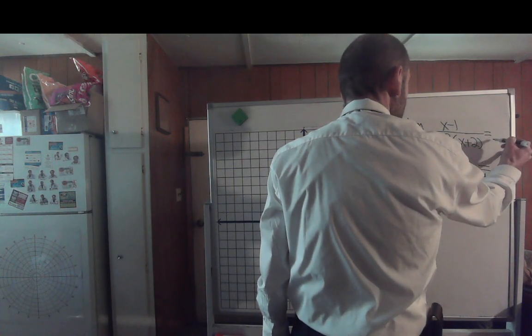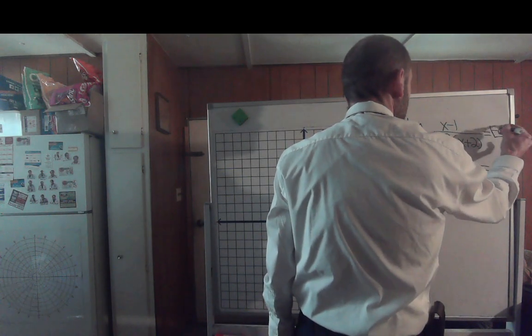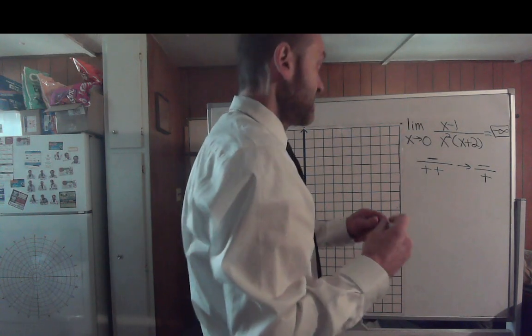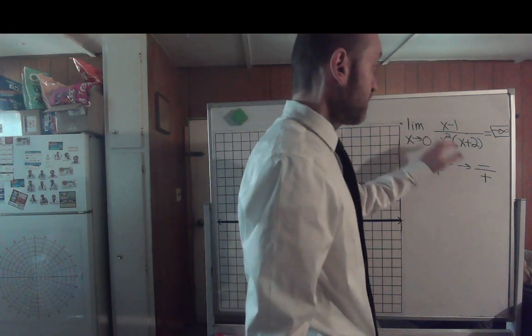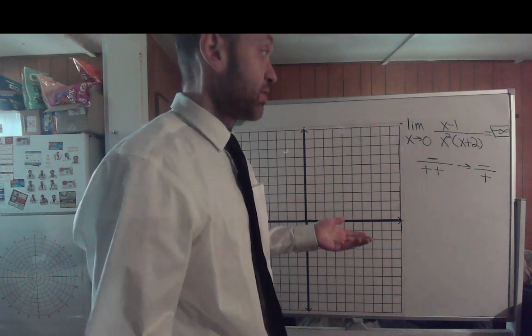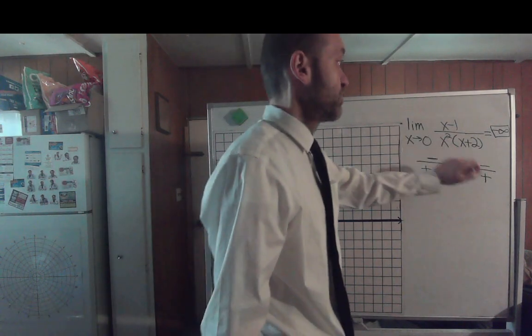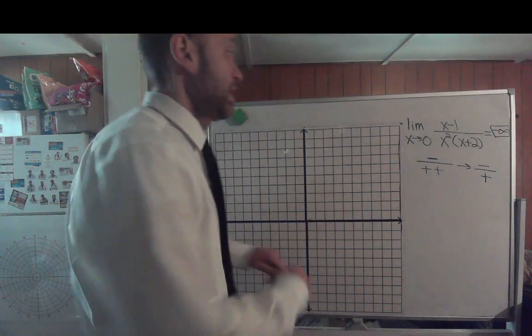So in the end, we're actually going to go towards negative infinity. That would be the limit as x approaches 0 of this function. I would get negative infinity. It doesn't matter if I go from the left or right. We could say the general limit as x approaches 0 of this function is negative infinity. All right.